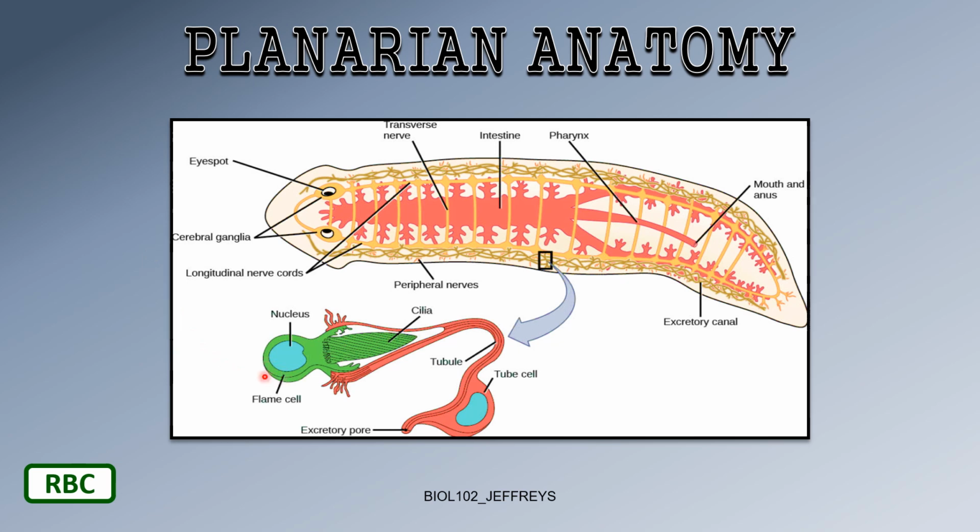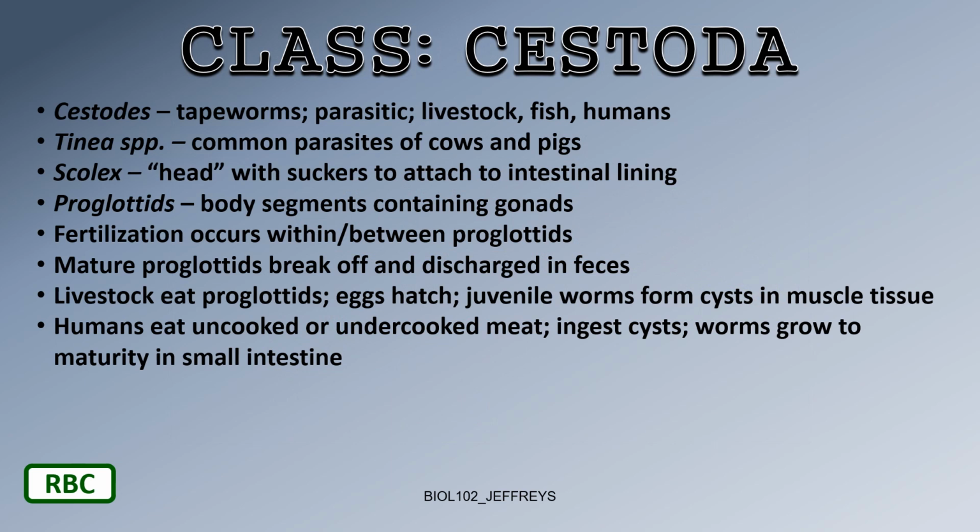There is your flame cell in all of its glory, the cilia to capture food items as they come in, and that's going to lead you to the not digestive tract, but the intestine, and eventually excretion. Again, I don't want you to get all hung up on the details of these illustrations. It's just to show you and to point out these various features to hopefully impress upon you how amazing even these simple animals are.